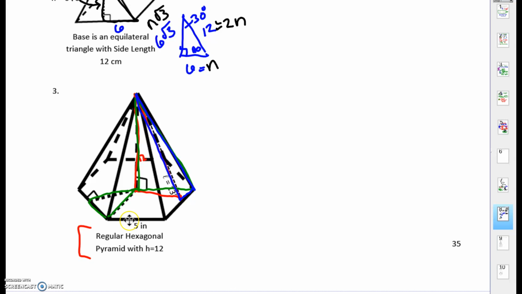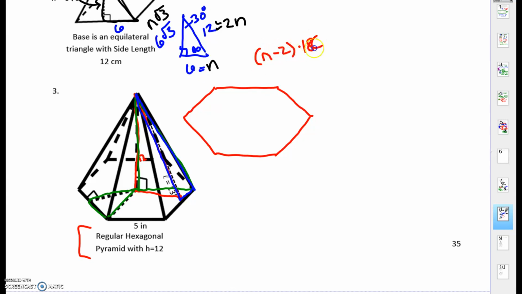If this side length is 5 in our hexagon, we need to find the radius and apothem to do anything with this. Now, from our (n minus 2) times 180 over n, we learn that each of these angles is 120 degrees in a hexagon. So when we draw our right triangle here, where this is my apothem and this is my radius, that makes this angle right here 60 degrees.